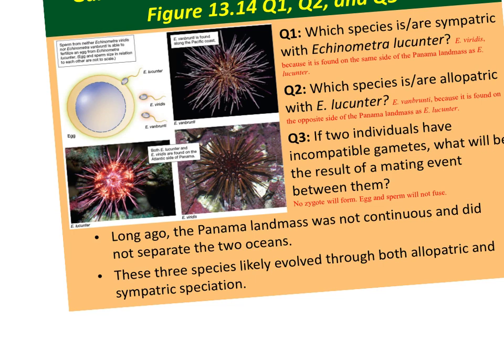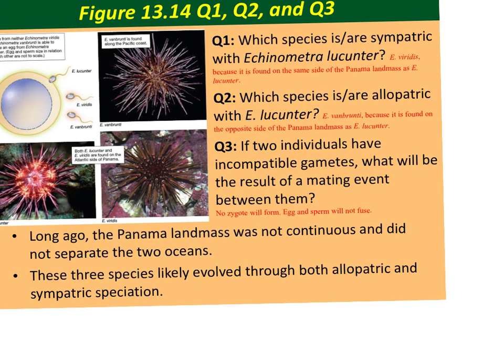So, in other words, there's reproductive isolation. They can still release sperm and eggs at the same time. So, which species are sympatric? With lucunter, it is E. viridis because it's found on the same side of the Panama landmass. Which species are allopatric? It's the other one, vanbrunti.